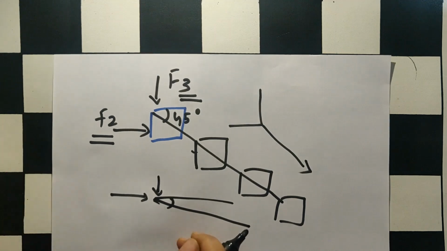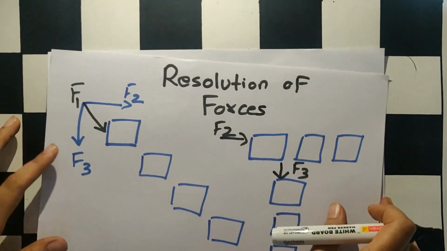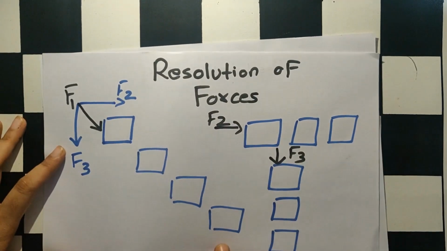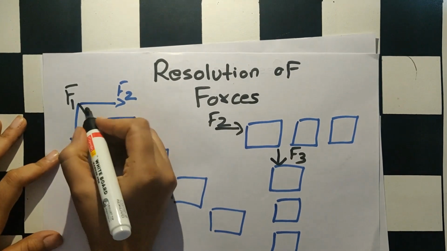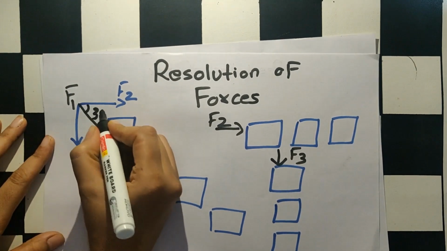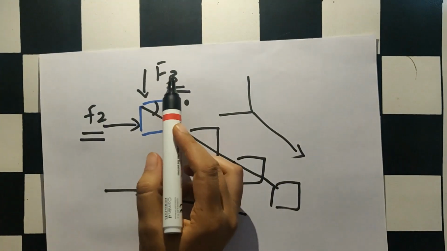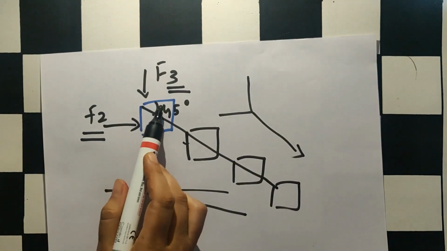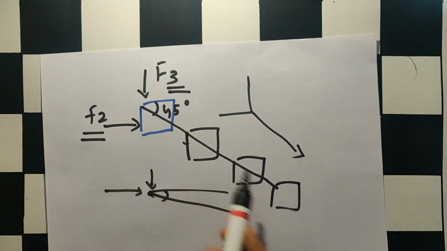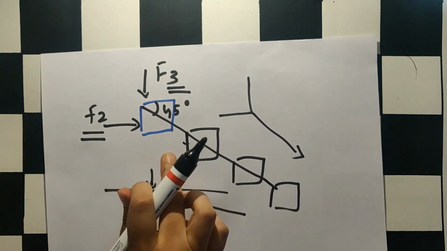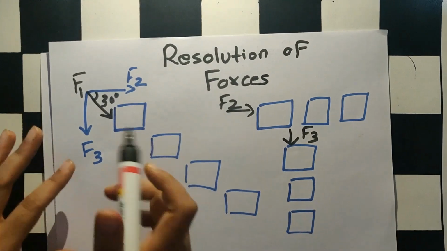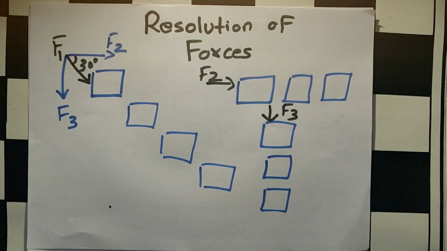Now again, looking at our original example, suppose this angle is 30 degrees. Here we can see if both the forces are equal, the object is moving at 45 degrees. But we want it to move at 30 degrees.